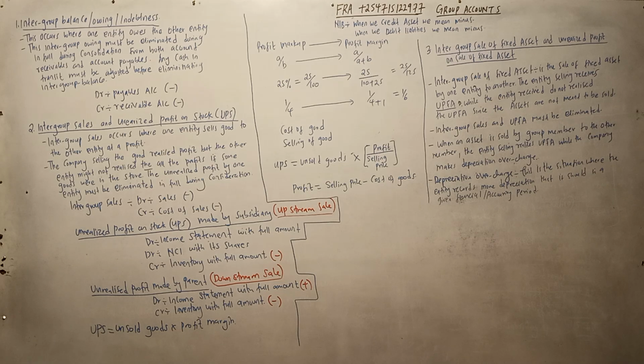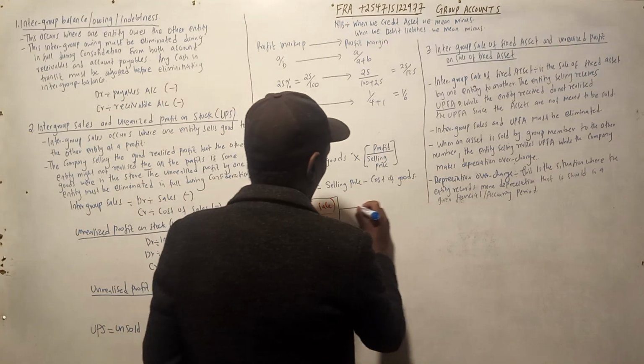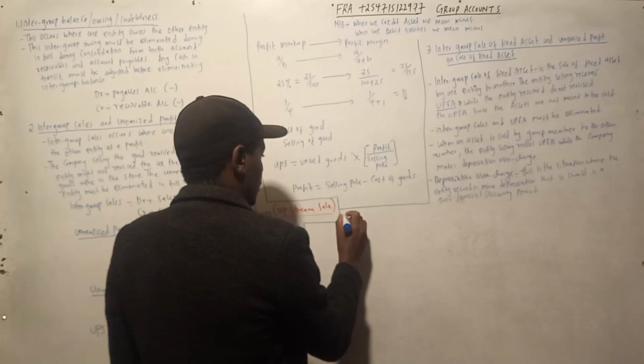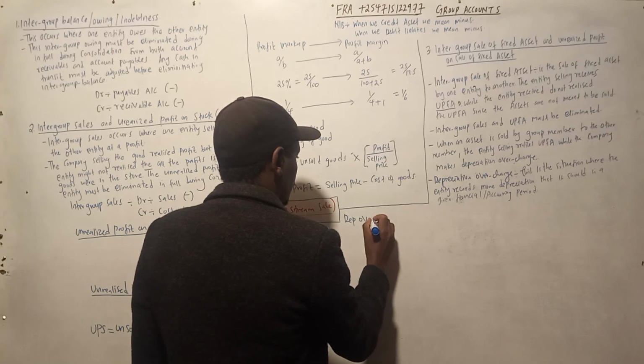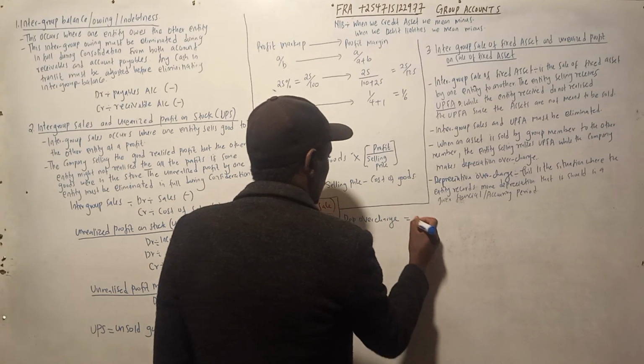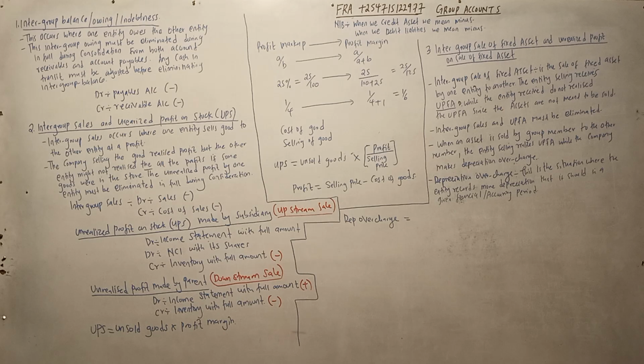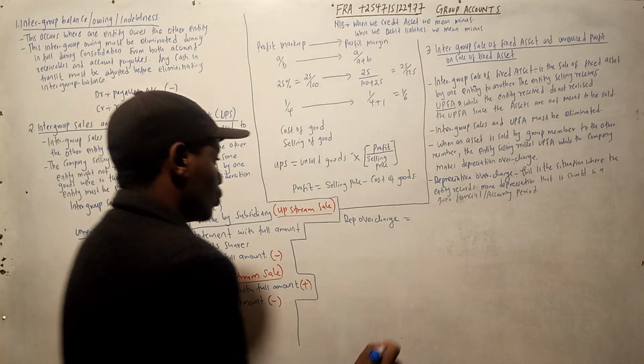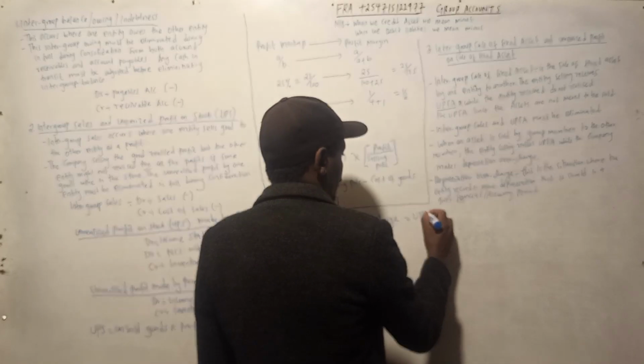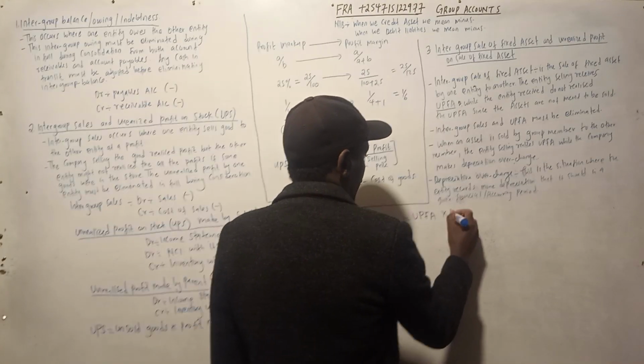Before we continue, let us show the workings of how to get the depreciation overcharge. So how do we calculate the depreciation overcharge? Very important. Depreciation overcharge is equal to the unrealized profit on fixed asset, the UPFA, multiplied by the depreciation rate.